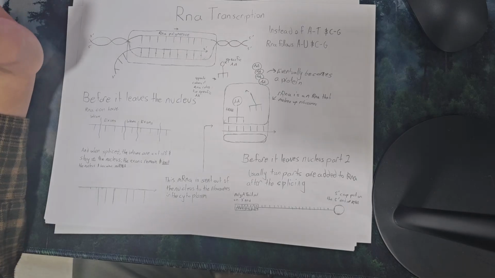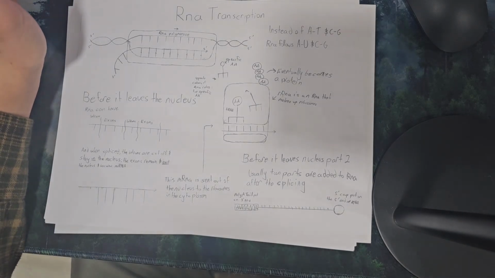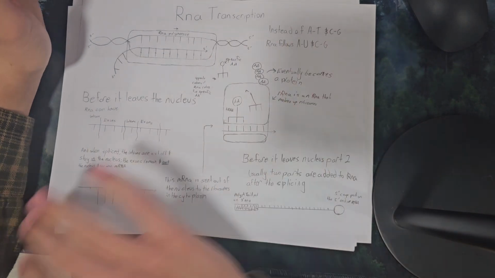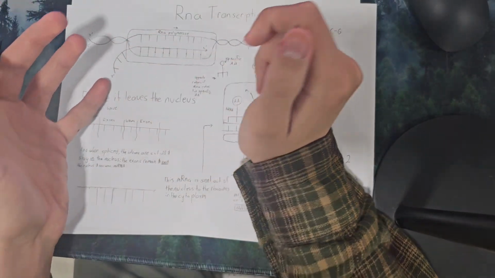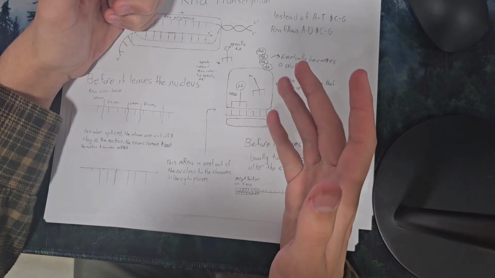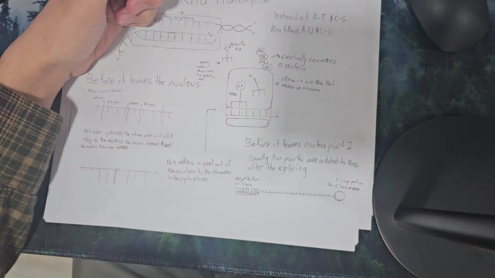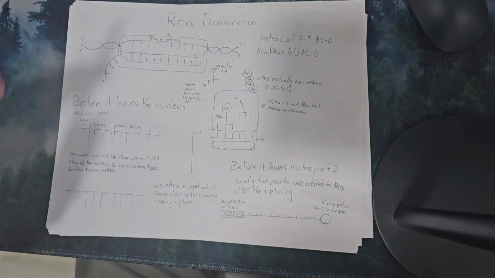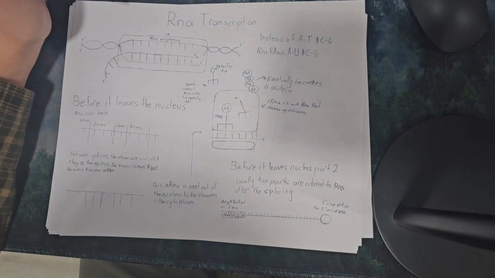So genes are just genes. They don't really do anything until you do transcription, which is basically the creation of this message that gets sent to the ribosome, which gets turned into a protein through amino acids. So RNA transcription is pretty simple.